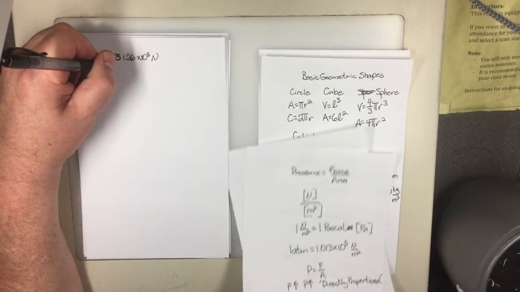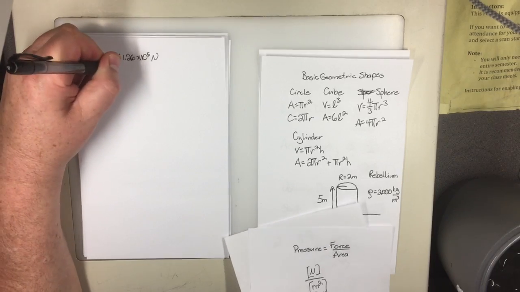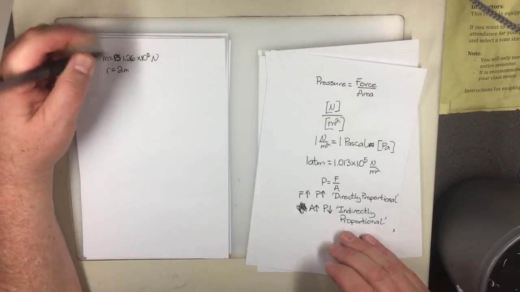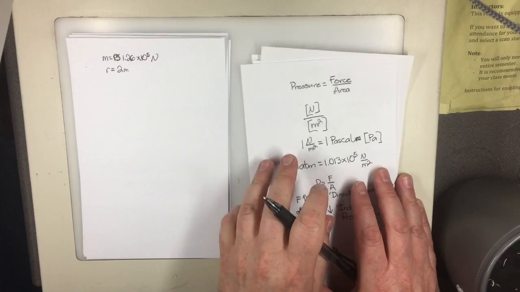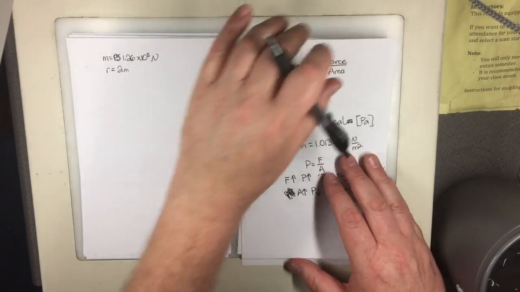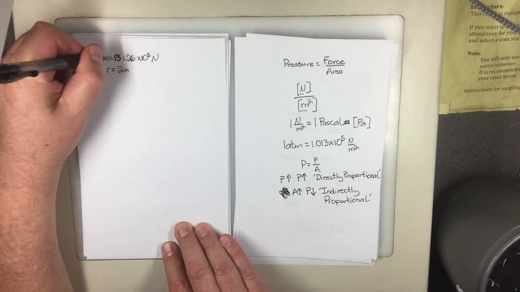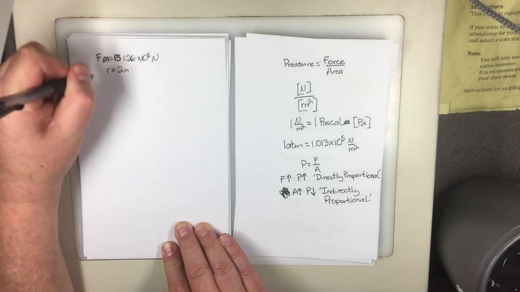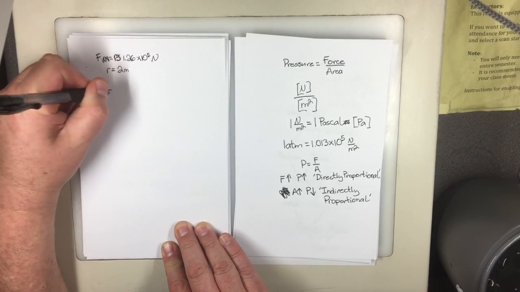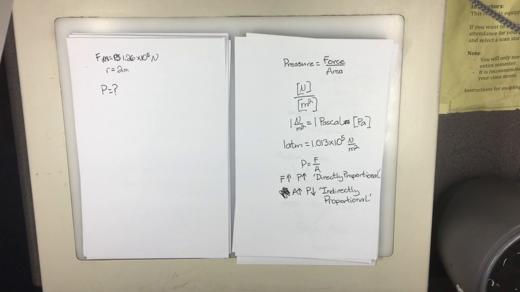The radius of this thing was 2. So the question is, what is the pressure of the cylinder on the surface? Sort of like, the cylinder would be my cup. What is the pressure of the cup, or this big cylinder, on my hand?